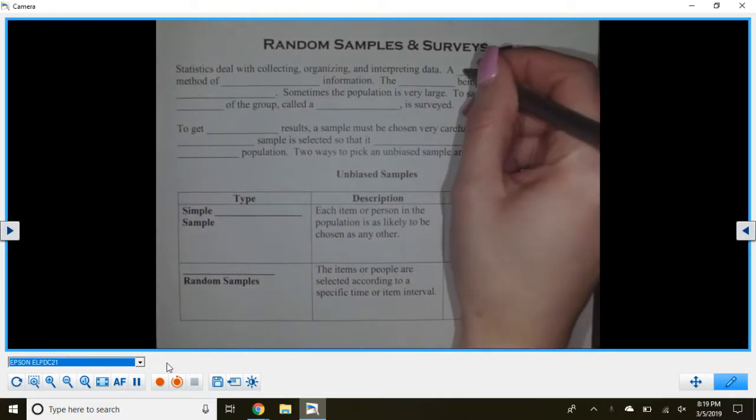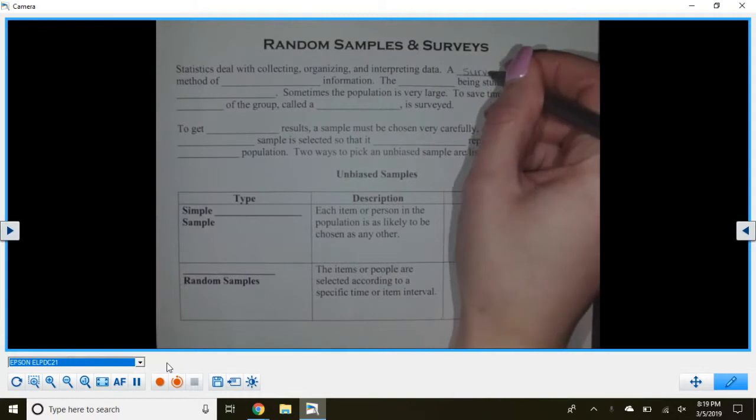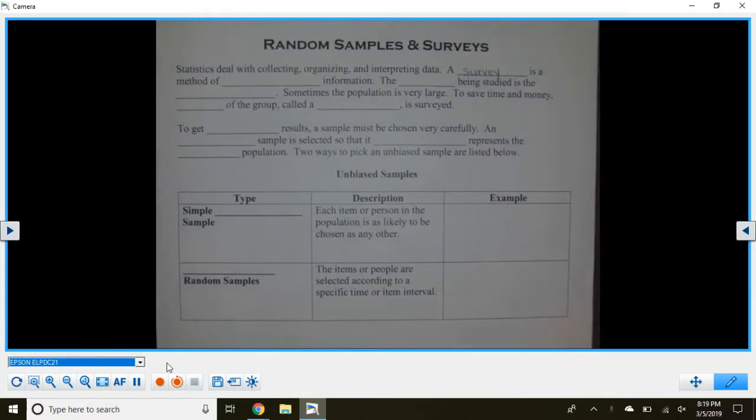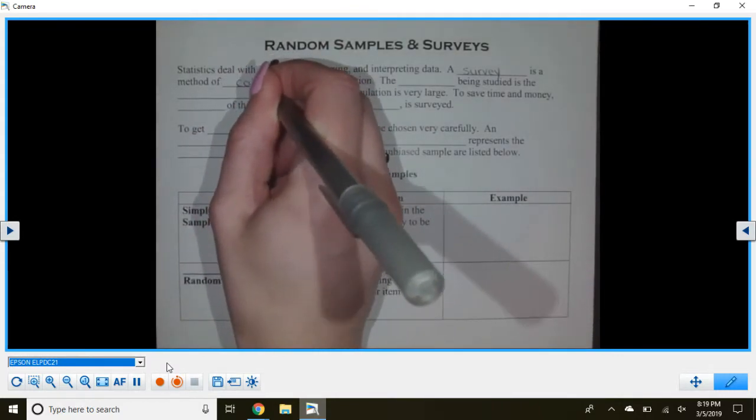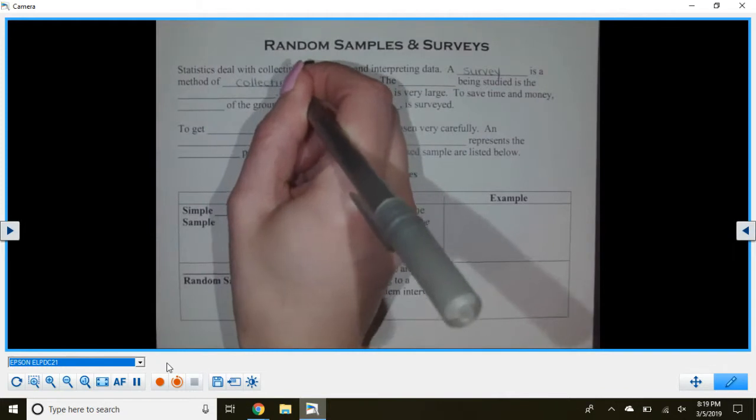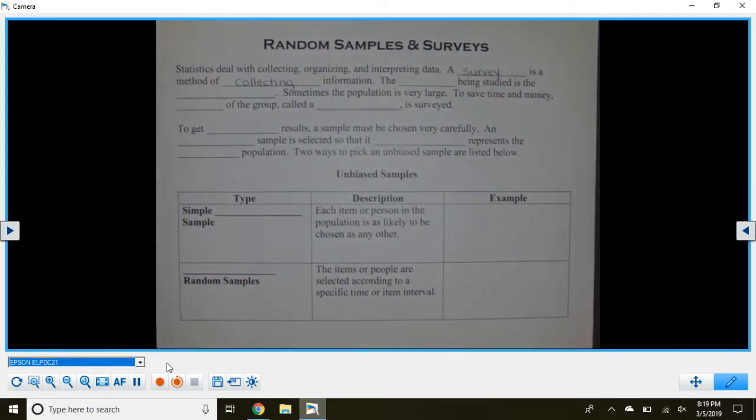A survey is a method of collecting information.